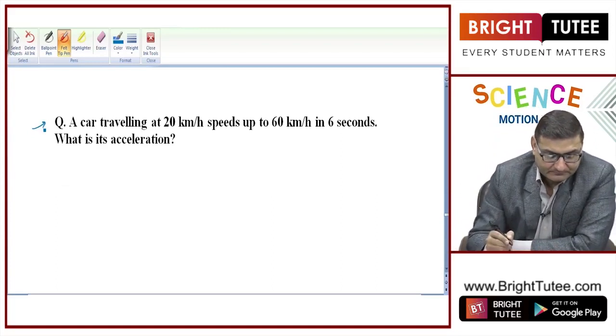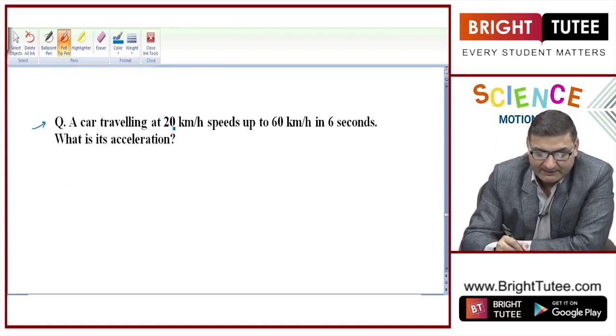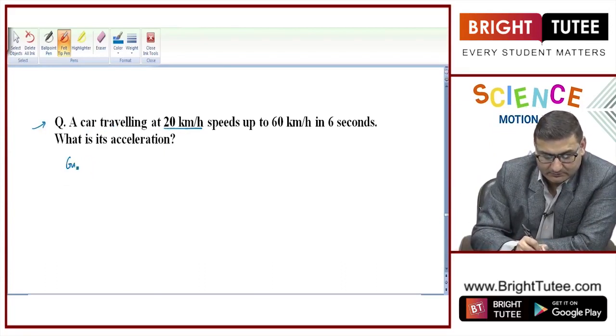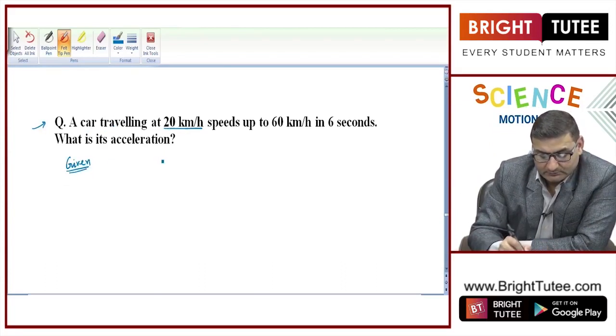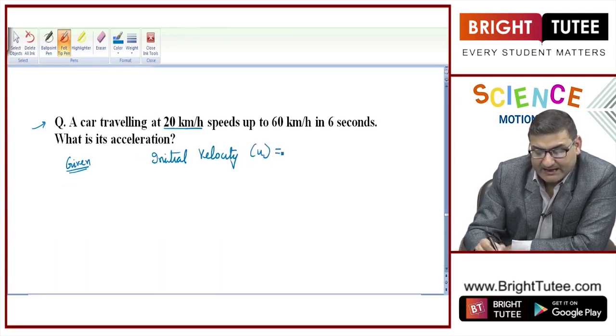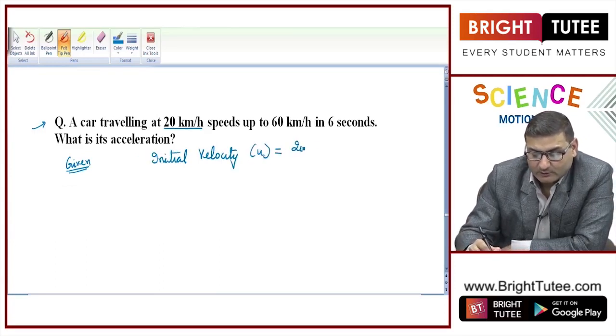Next question. A car travelling at 20 kilometers per hour. What is given to me? Initial velocity. Why? Because the car is actually travelling with this speed at initial level. It is 20 kilometers per hour.